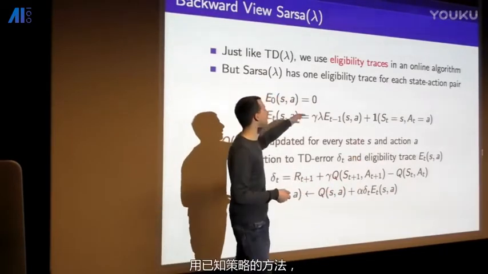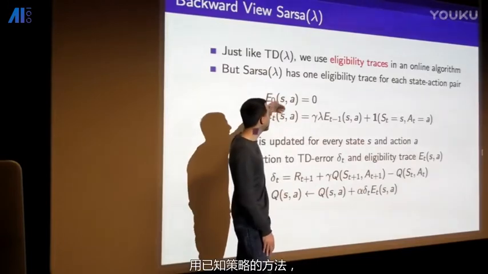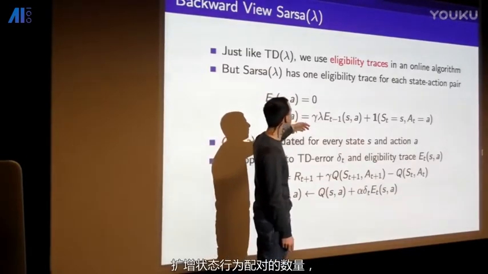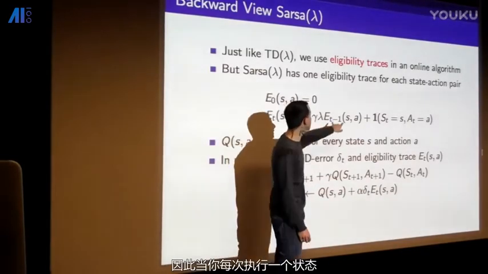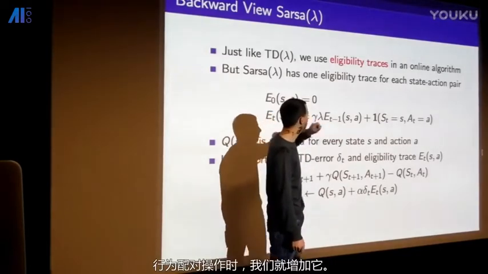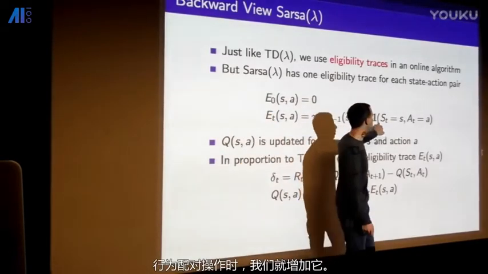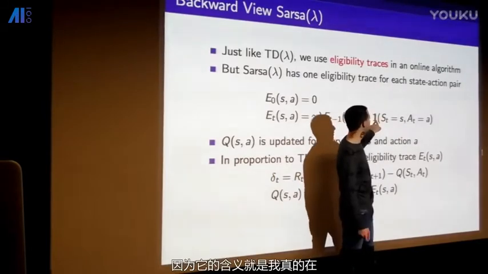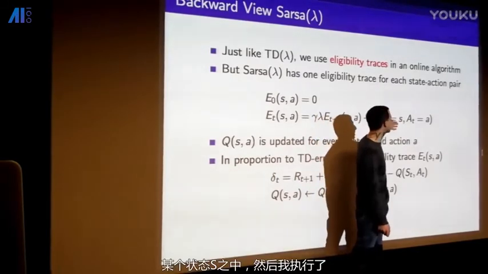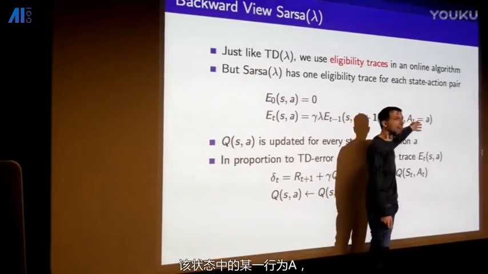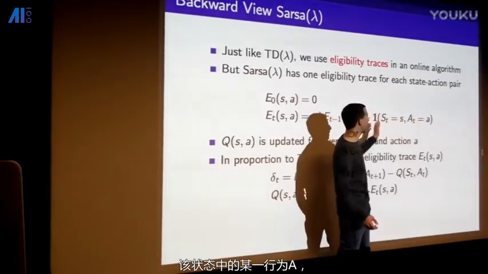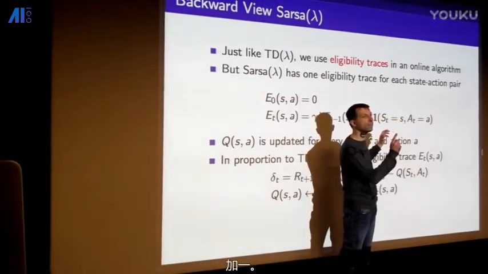The way we do that is we can do it online by just increasing this state action pair. Every time we actually visit a state action pair, we increment it. This is an indicator saying that if I'm actually in that state S and take that action A, then I increase this eligibility trace by 1.